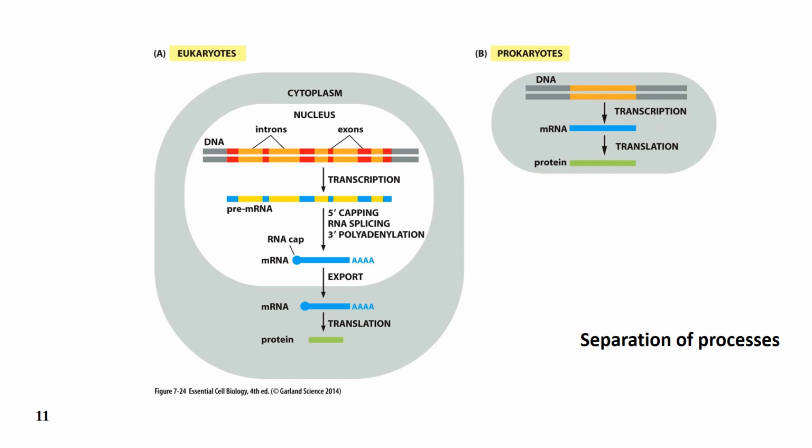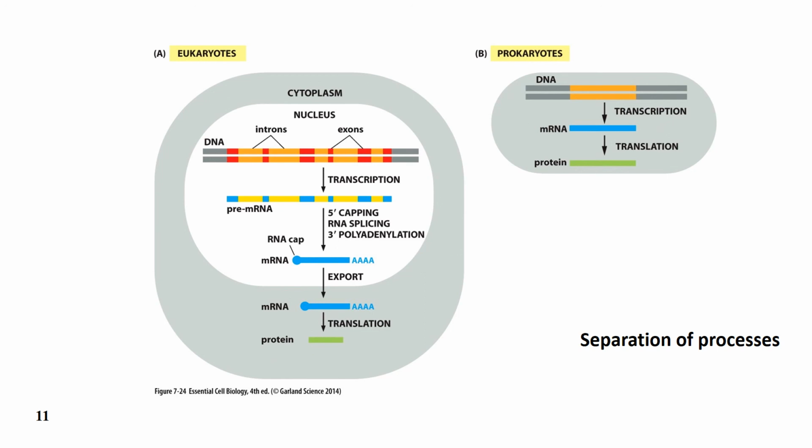Those two processes, transcription and translation, are not separated in space or time, in fact, in prokaryotic cells, because the DNA itself is located in the cytoplasm. So even while transcription is still occurring, the process of translating an mRNA that isn't completely finished can actually begin.